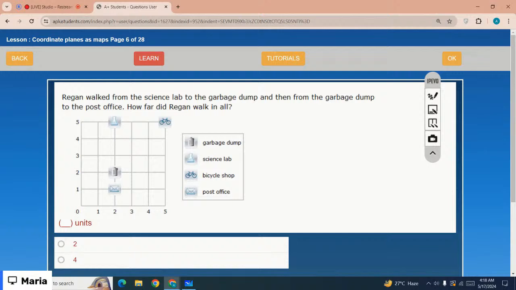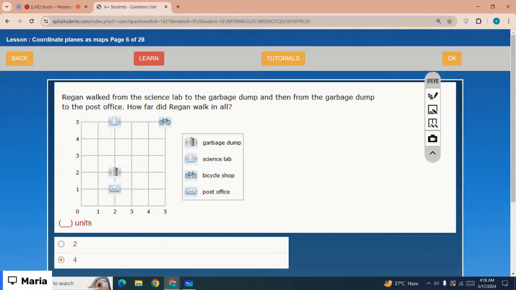So, which is the correct option? 4 is the correct option.